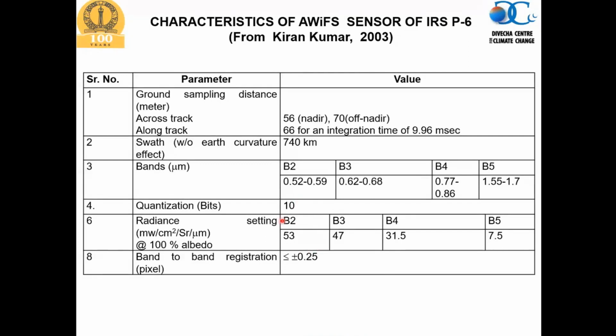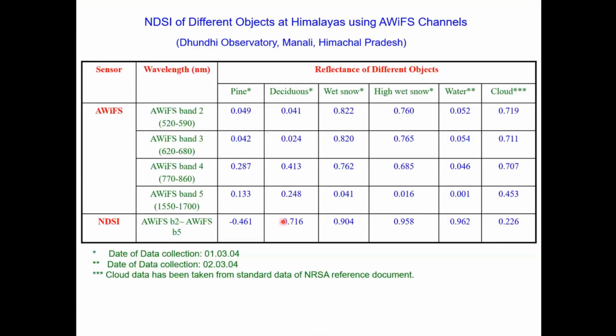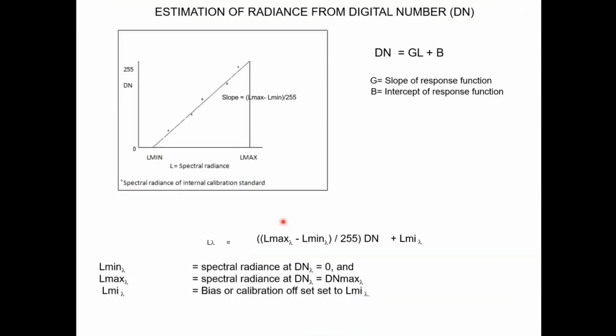That is quantization. So this is just a number. It doesn't tell you how much energy is reflected from the surface. That is called radiance. Radiance is the energy which is reflected from the surface.